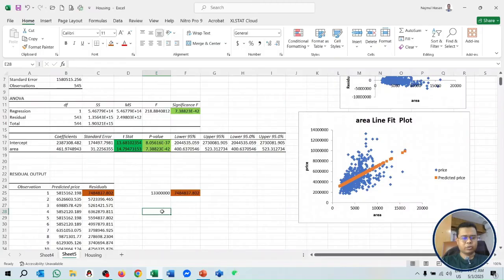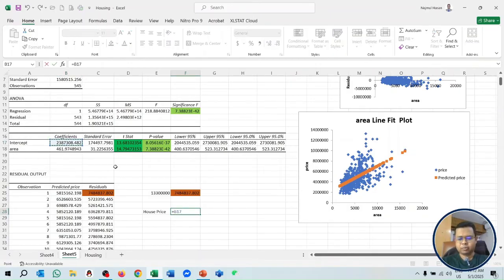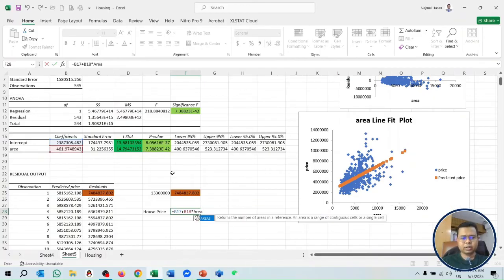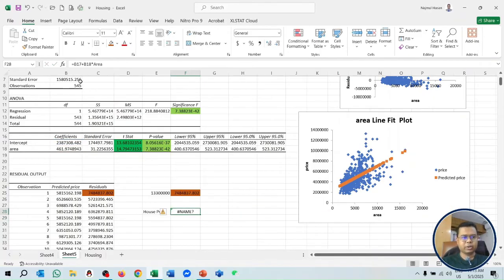So y, the house price, equals a plus b into area. In this way we can actually calculate our price.